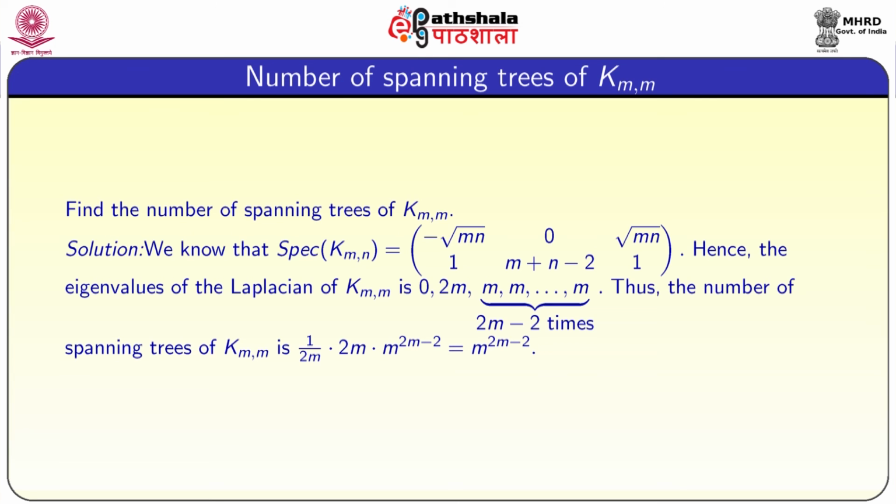Thus the number of spanning trees of K m,m is 1 by 2m, since the number of vertices in K m,m is 2m, into lambda 1, lambda 2 up to lambda n minus 1. So that is 2m into m power 2m minus 2, divided by 2m, which is equal to m power 2m minus 2.